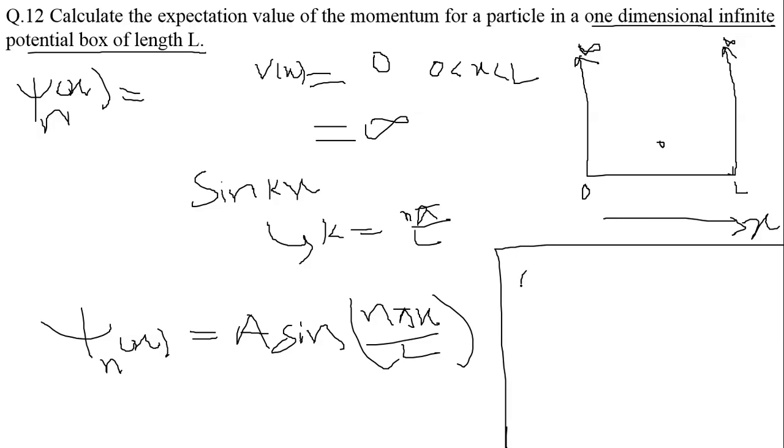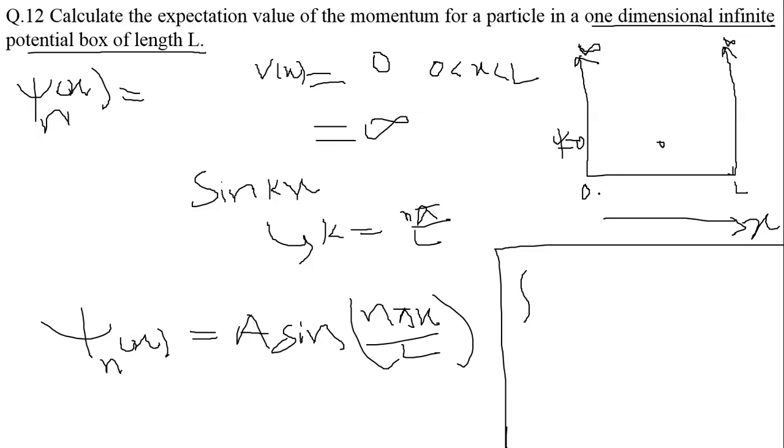What do we mean by normalized? By normalized we mean that the total probability of finding a particle in the whole region is unity. Since the potential outside the box is infinite, the wave function there is 0.